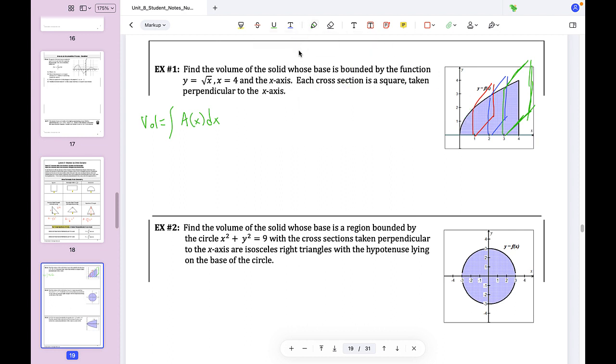So if you look here, my area is my side times side, but then my third dimension is actually the dx, which is the width, just like when we did the rectangular approximations, right? When we did the left and the right Riemann sums, right? That third dimension, that width, that's the dx, okay?